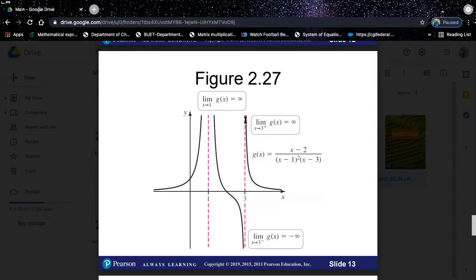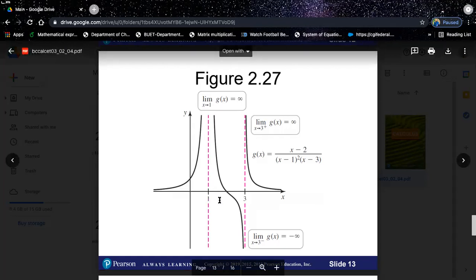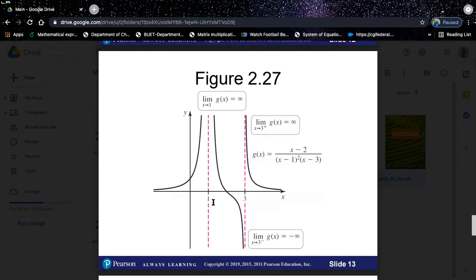You can see the graph is going really close to the dashed line, but it's not really touching it. So if you see anything like this, you can clearly say that it has to be the vertical asymptote. And from the Cartesian coordinates, you can see that it's at x equals 1 and at x equals 3. Do you agree?